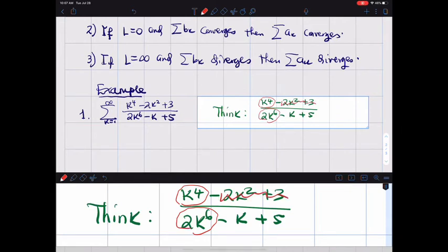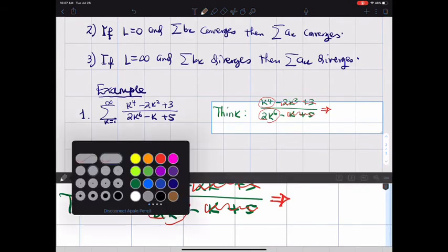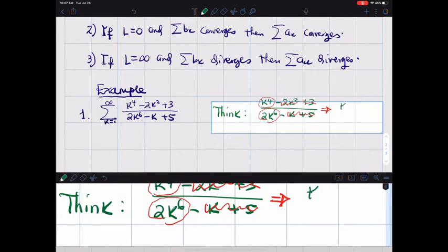You don't worry about the others. So this makes us think about k to the power of 4 over 2k to the power of 6, which is 1 over 2k squared.